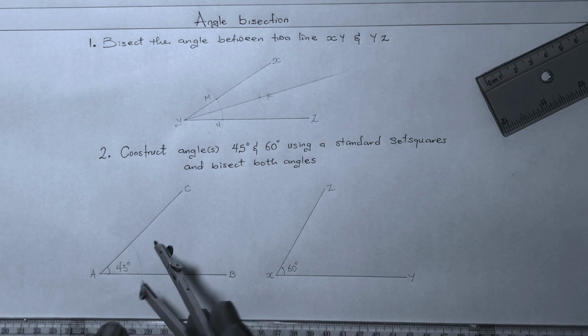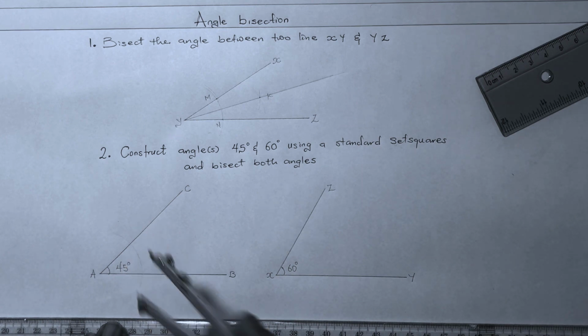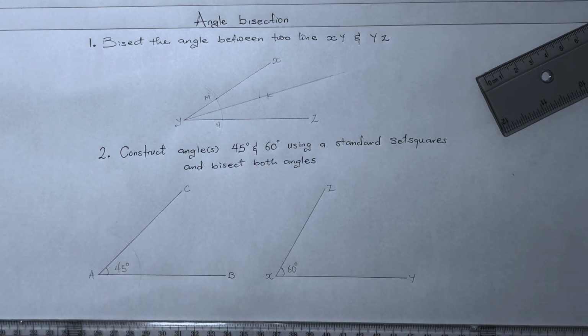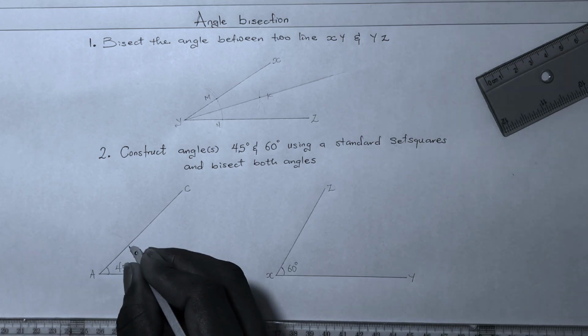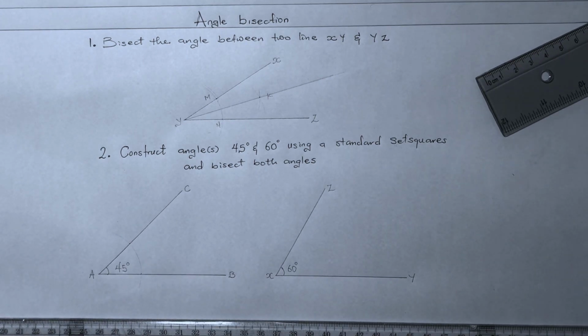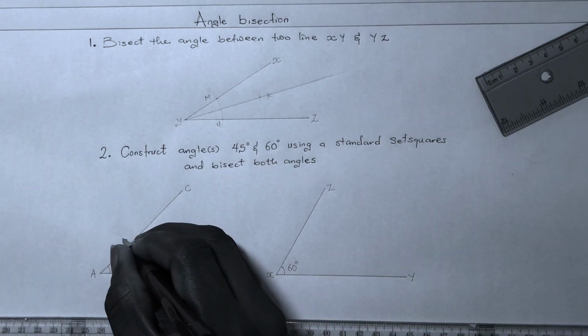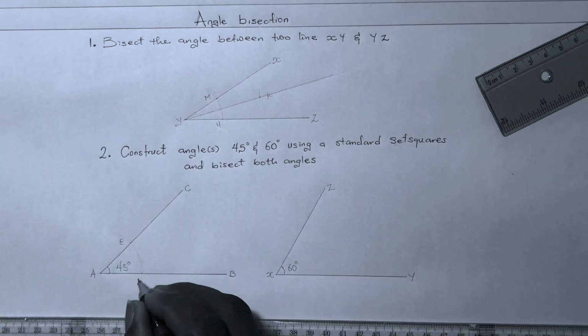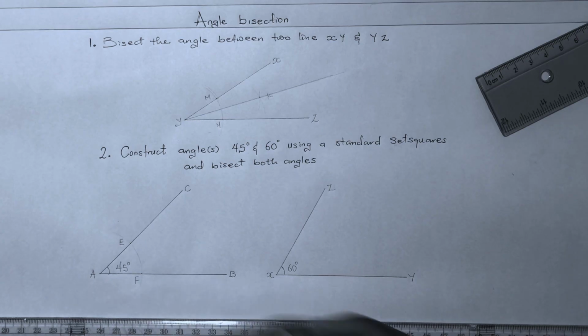With this, we mark out the points of intersection, which are these two points. The first to be our point E and the second our point F.